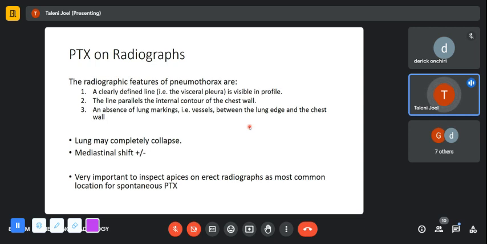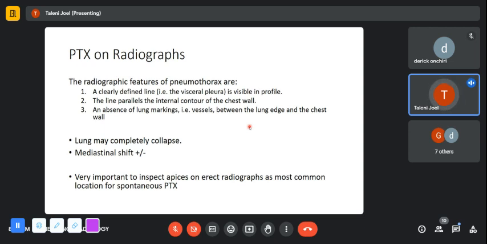On radiographs, the features of a pneumothorax are that you are able to see the visceral pleura, which will appear as a thin, clearly defined line that follows the internal contour of the chest wall. Between this line and the chest wall, there should not be any lung markings.